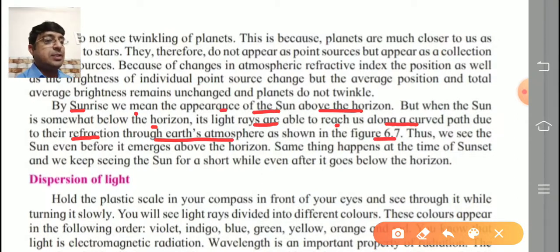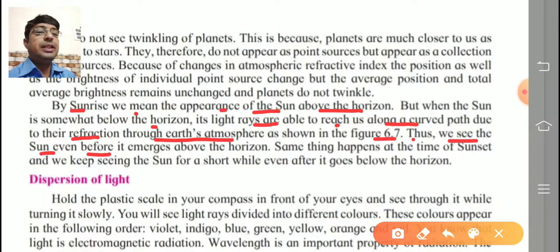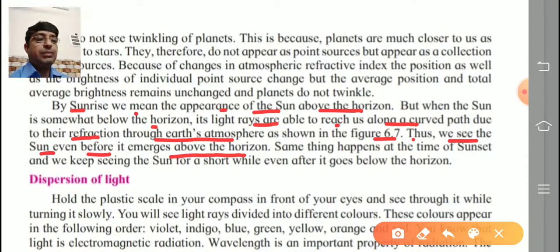You observe figure 6.7. Thus, we see the sun even before it emerges above the horizon. That time duration is 2 minutes. Before the 2 minutes, we observe the sun early in the morning at the time of sunrise.